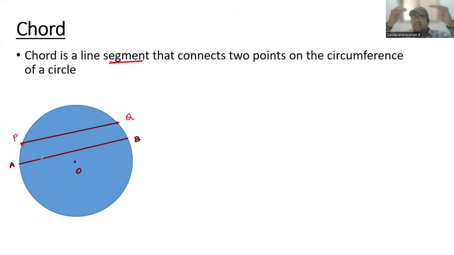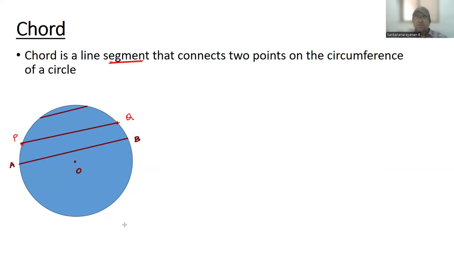So AB is lying relatively closer towards the center of the circle, right? So the length of the segment AB, I can see that it is more than the length of the segment PQ.